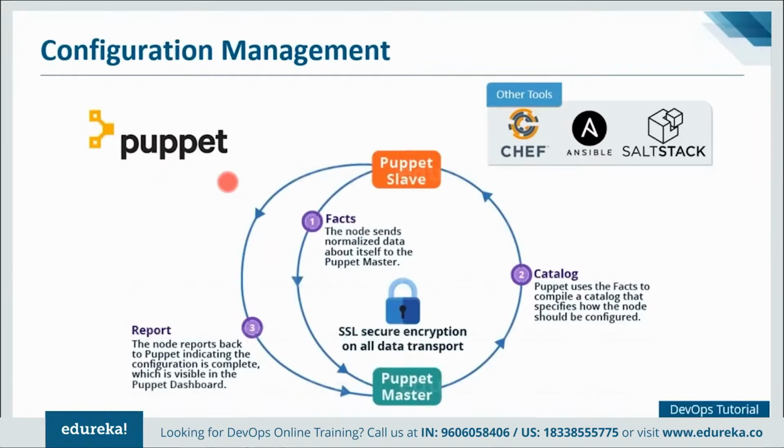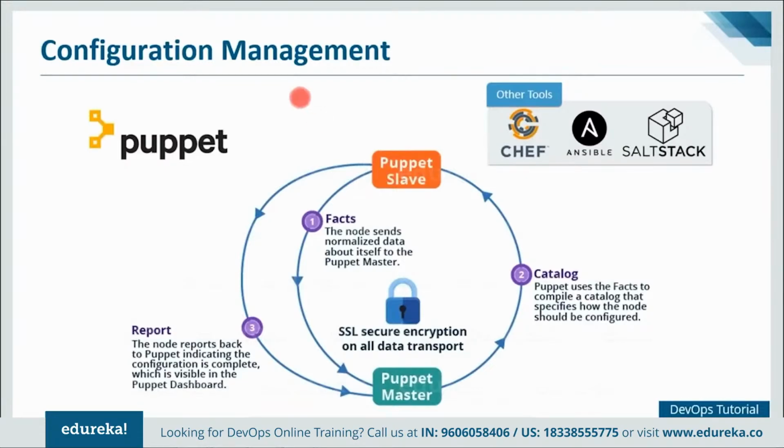In push configuration, the master actually pushes the configurations onto the nodes, which happens in Ansible and SaltStack, but does not happen in Puppet and Chef. So these two tools follow pull configuration, and Ansible and SaltStack follow push configuration, in which the configurations are pushed onto the nodes. Here in Chef and Puppet, the nodes pull the configurations. They keep checking the master at regular intervals, and if there is any change in the configuration, they pull it.